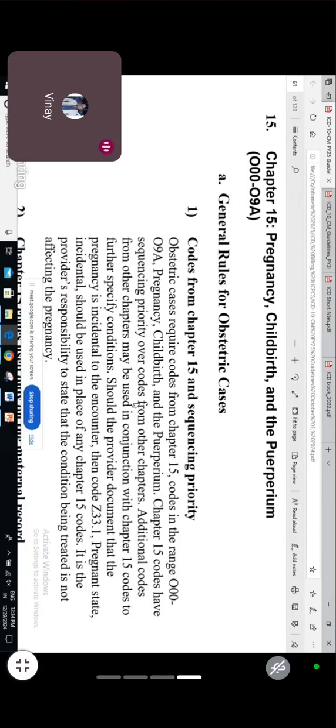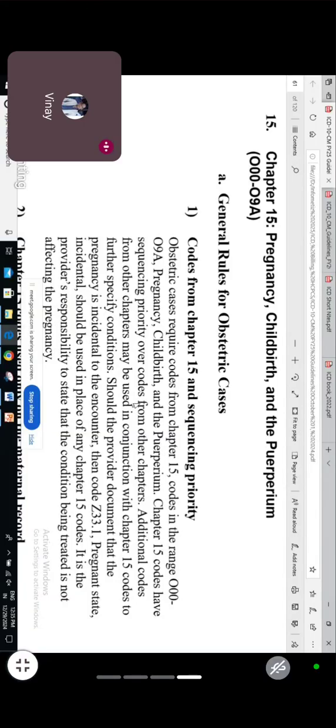Sequencing priority will always be the OB code first. Later on, you can put anything. Patient has HIV AIDS, O98.7. You remember? O98.7, and then whether it's Z21 or B20, and then we will follow the HIV guideline. But the first code will be the O series code. Okay?